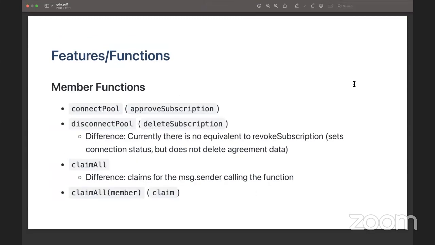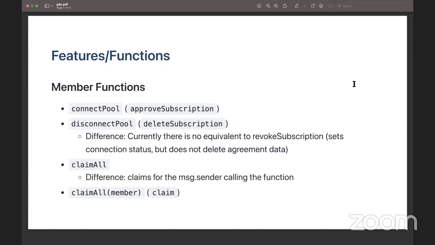So there's also member functions, so you can connect to a pool. This is the same thing as approving the subscription in IDA. You can disconnect pool, and this is the same as deleting the subscription, in the sense that you're deleting the agreement. The main difference is that currently there's no equivalent to revoke subscription, which would just set the connection status but doesn't delete the agreement data.